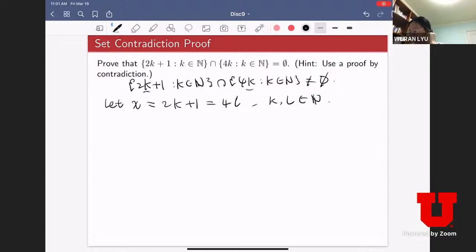All right, and then we're just going to do some algebra to eventually show that we reach a contradiction.